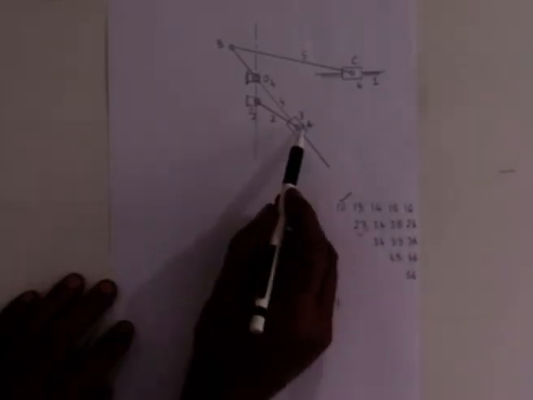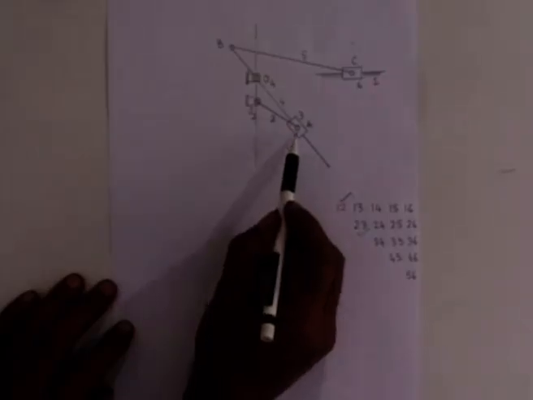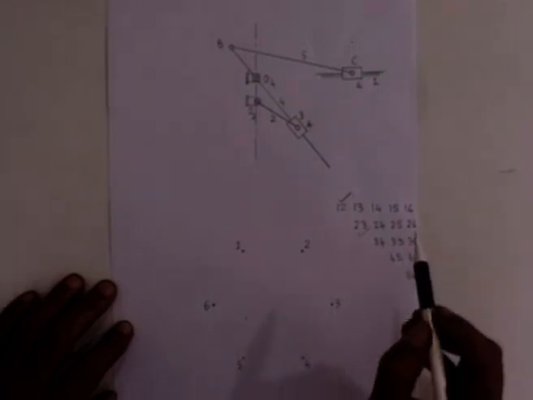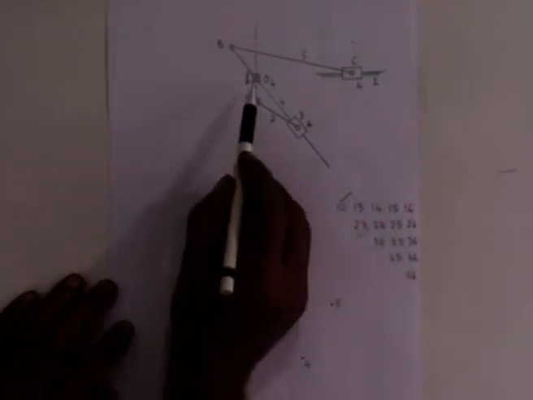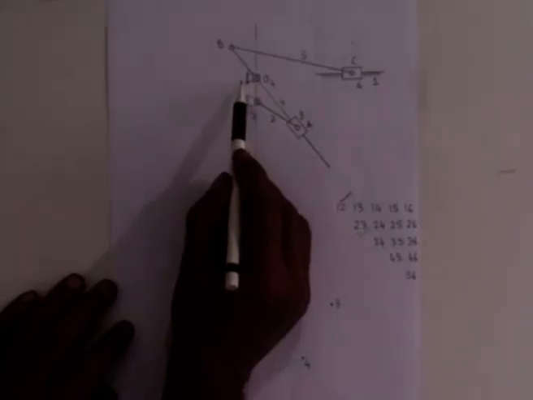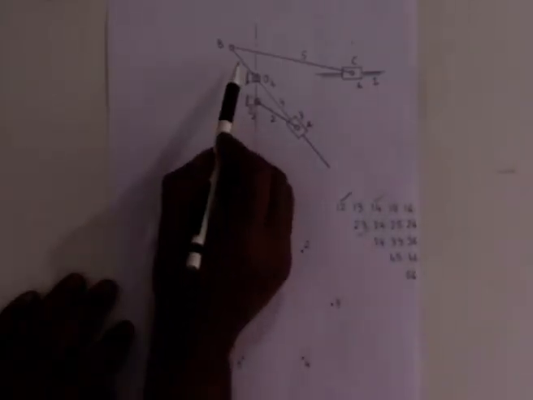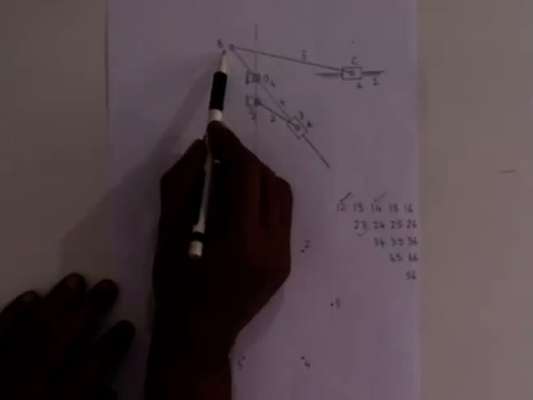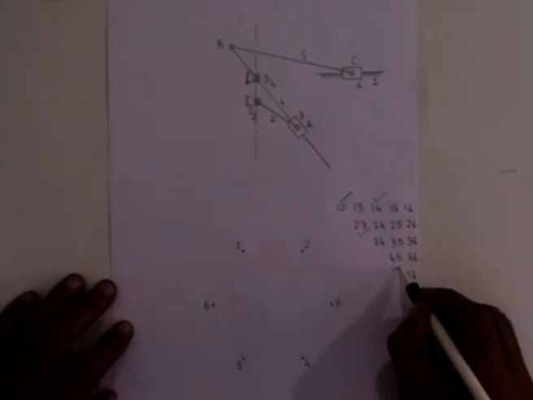Similarly, 2 3 is easily located at the revolute pair connecting links 2 and 3, that is at this point A. 1 4 is easily located at O4 because that is where the revolute pair between link 1 and link 4 is. Links 4 and 5 are connected by a revolute pair at B, so 4 5 is at B.